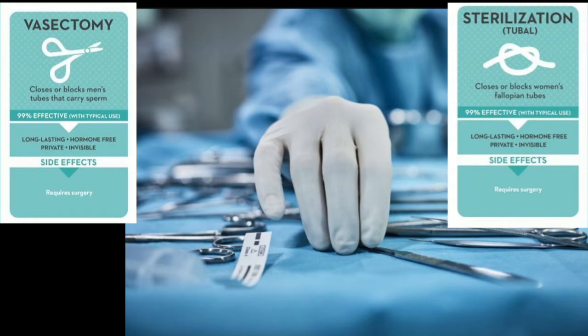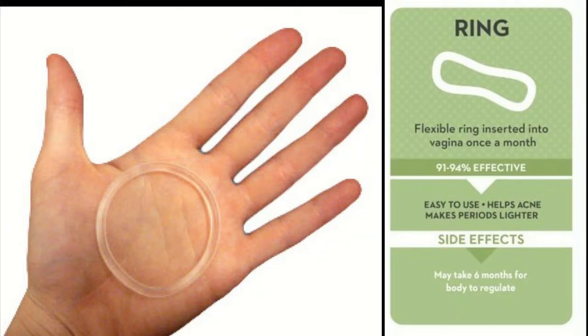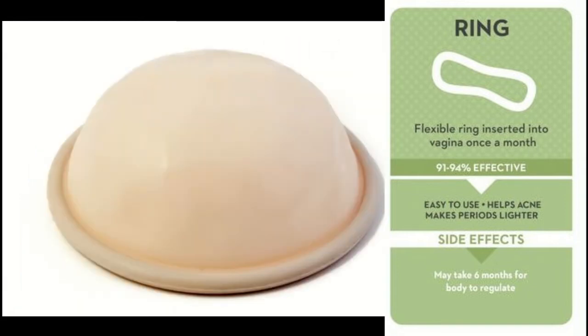So the last part of it is the use of the ring. We have the ring, and we have the diaphragm. They work hand in hand. They insert it into the woman's vagina once in a month.